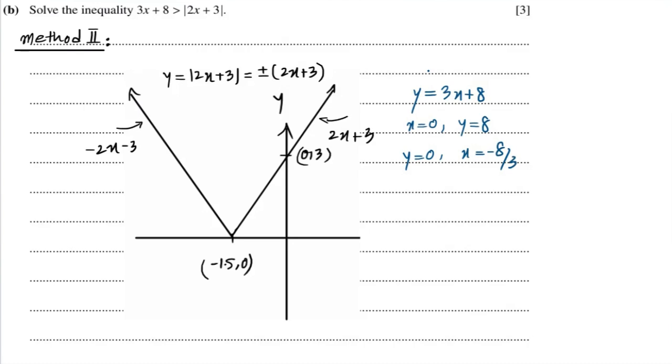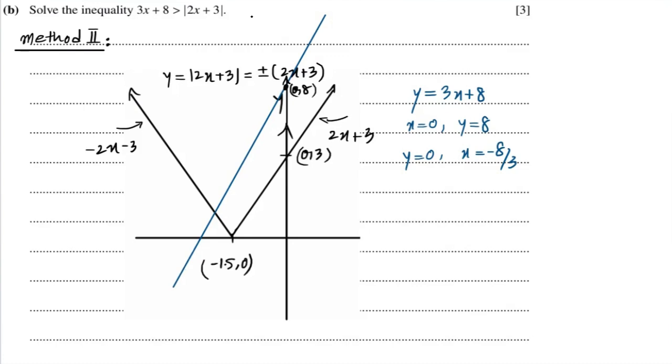Negative 8 over 3 is negative 2 point something. I just need to sketch my line, and it has a gradient of 3. So 3 is a sharper line because its gradient is 3, and this graph has a gradient of 2. So my graph will look something like this, a more elevated one. Let's bring up the y-axis like this, and this is 0 and 8. Okay?